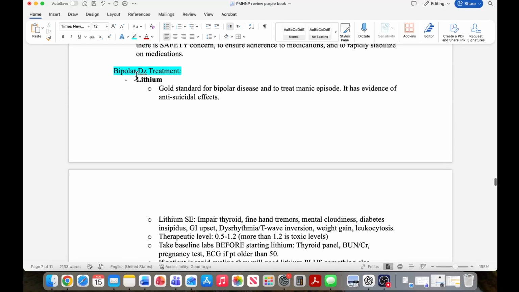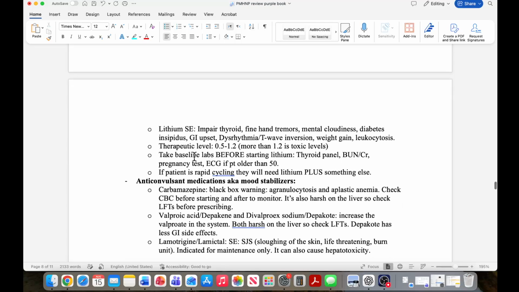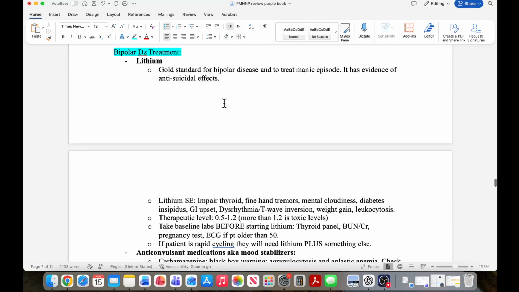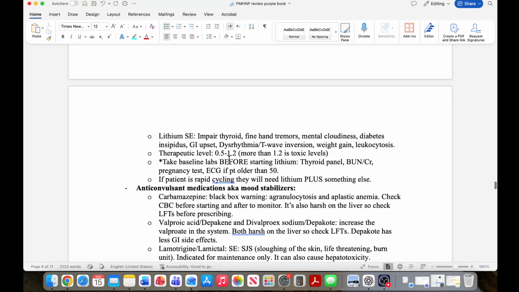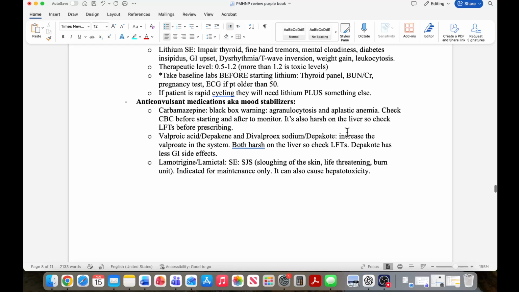Every time you're ordering lithium, you have to think about the kidneys, the thyroid, and the ECG. Before ordering anticonvulsants, for carbamazepine you think about a CBC, and for the rest you think about LFTs.